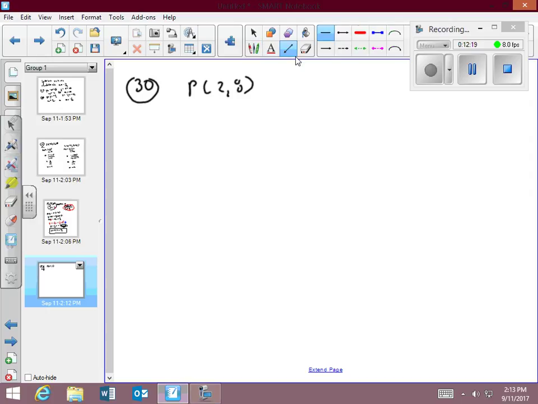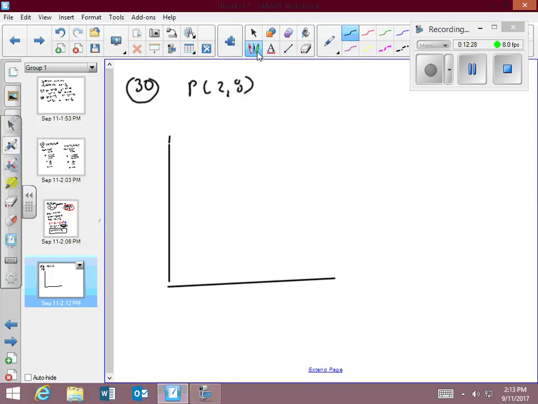So if I draw my first quadrant, and if I go 2 over, then I go 8 up, so my point 2, 8 is going to be someplace up there, right?